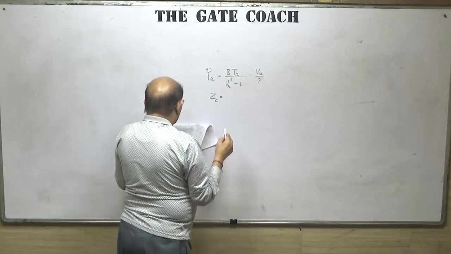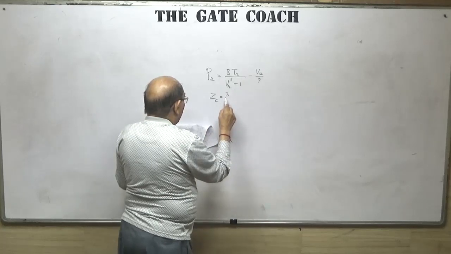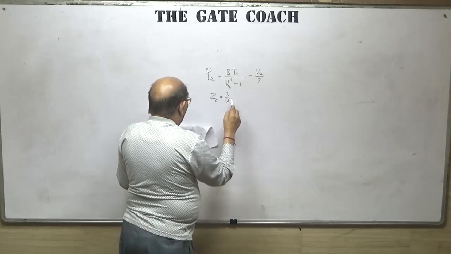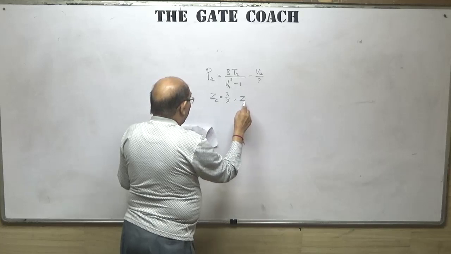And the critical compressibility factor is given as 3/8. We have to calculate Z for the van der Waals equation. Vr is given as 3, Tr is given as 4 by 3.